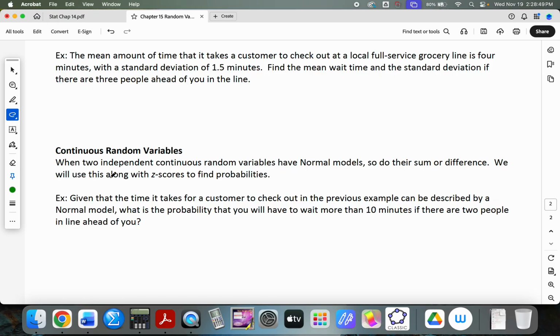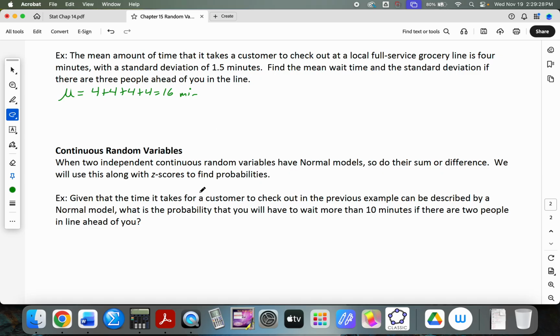Okay, so the mean wait time is just going to be... there's 3 people ahead of you in line, right? So for each of you, the mean wait time is 4 minutes. So the mean wait time is just 16 minutes.